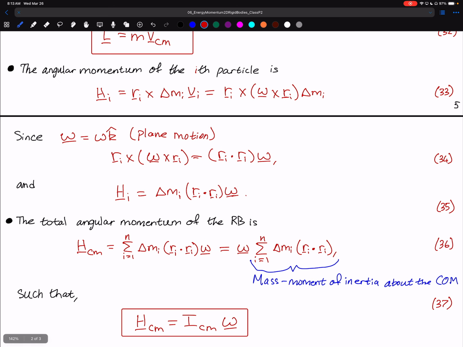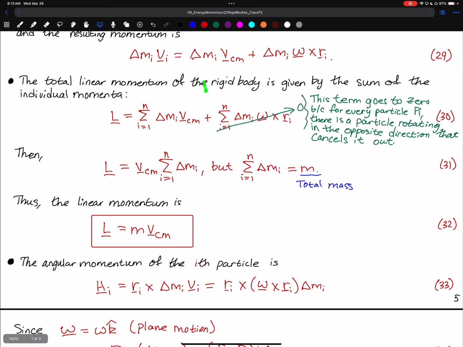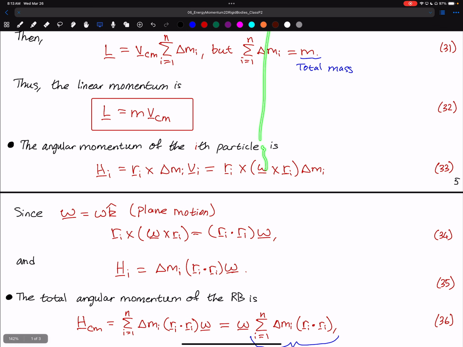Because if we come back up here, we start off with this cross product, and then we expanded v sub i here, and in theory we should be plugging that in here, and then there's no velocity of the center of mass. My suspicion is that it's going to cancel out just like we saw for the rotational part and the translational momentum, and that's what we're going to derive at the end of this section of notes.